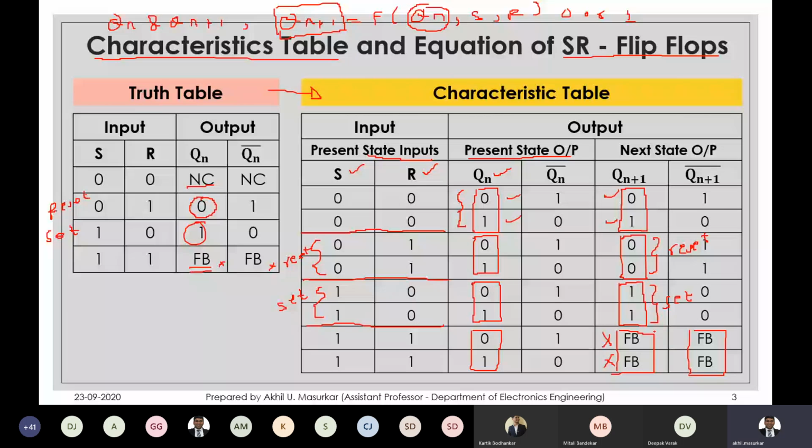So any doubts in this, please ask, and copy this truth table as well as the characteristic table. Once you are done with the truth table and characteristic table, write TT and CT done in the chat box.